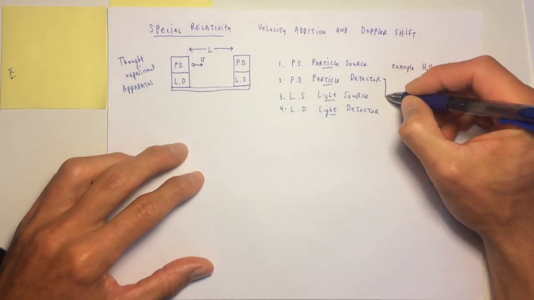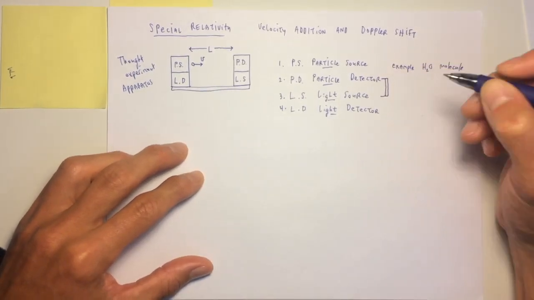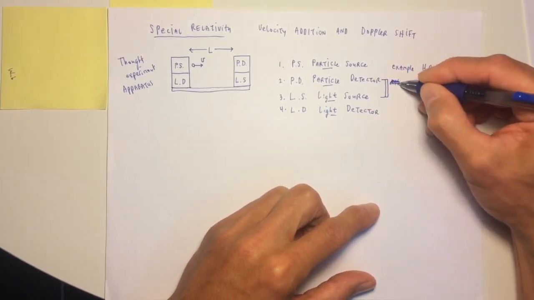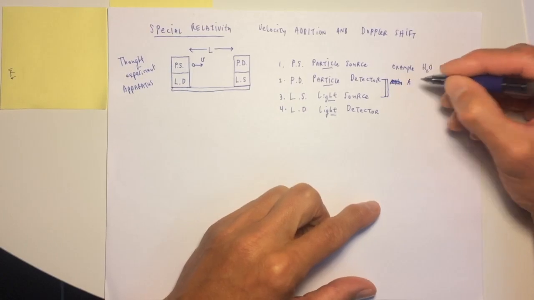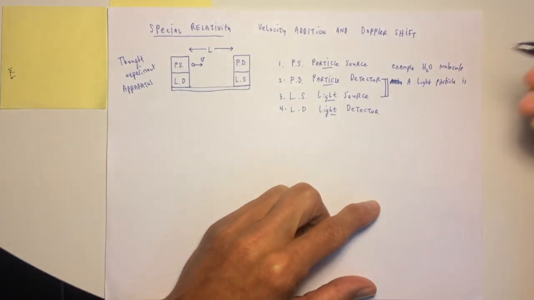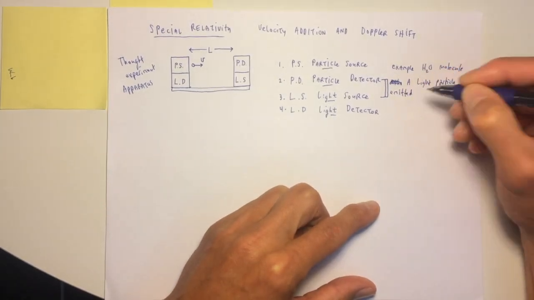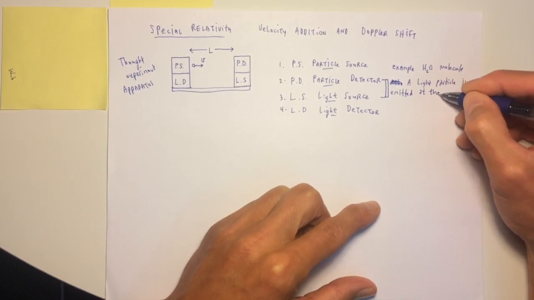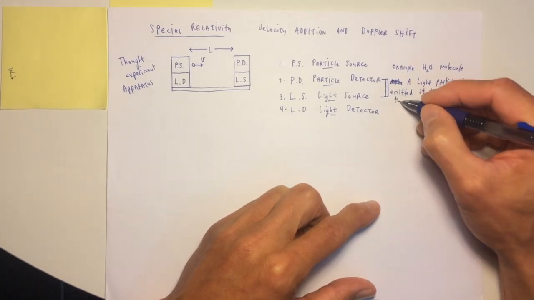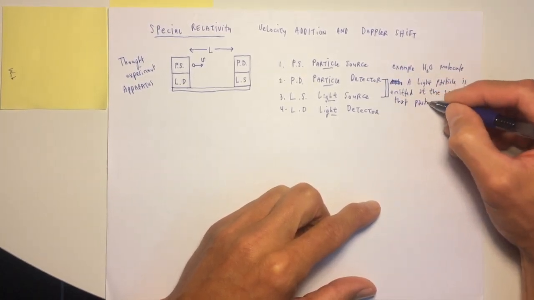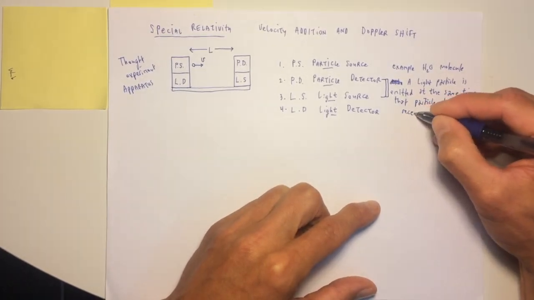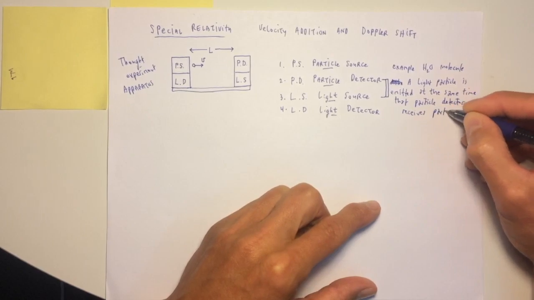And there's a special feature of this piece of apparatus: a light particle is emitted at the same time that the particle detector receives the particle.